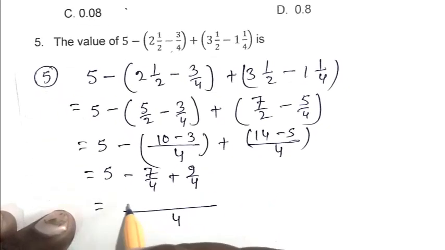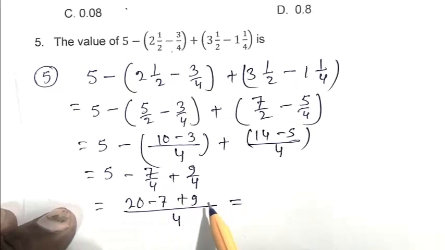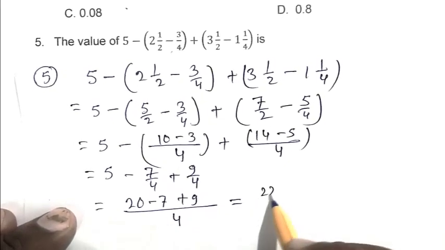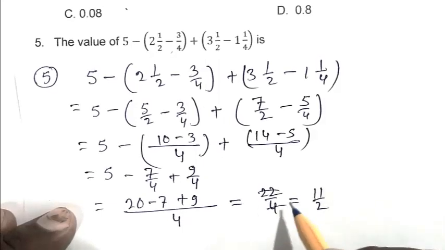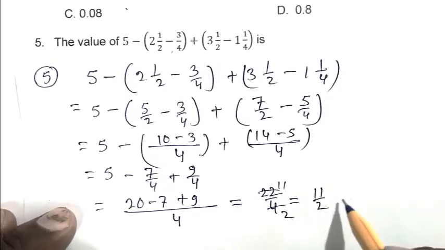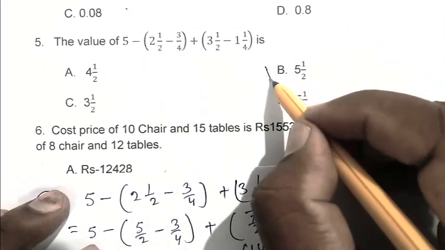LCM 4, so 20 minus 7 plus 9, that is 22 by 4 or 11 by 2, that is 5 whole 1 by 2. So B is the right answer.